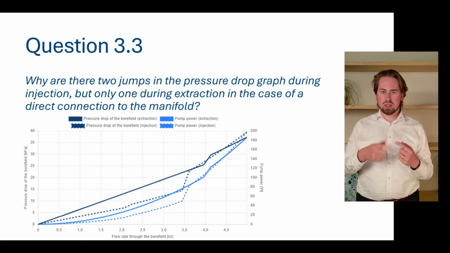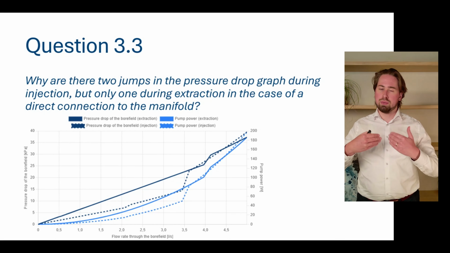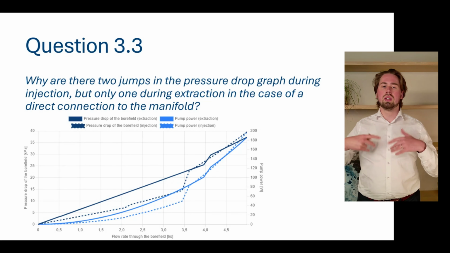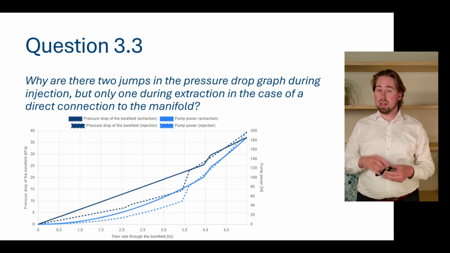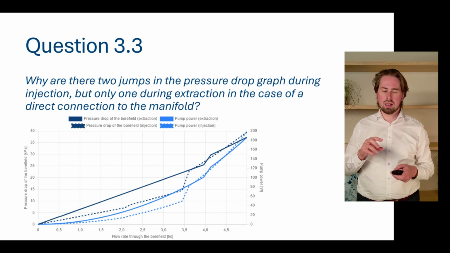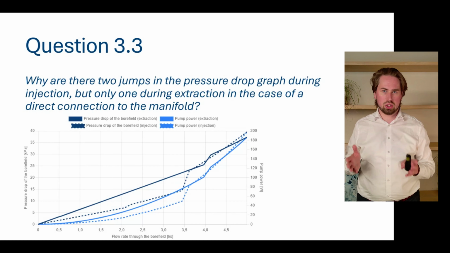And this same transition occurs at 4 liters per second during extraction, because in extraction the viscosity is higher due to the fact that the temperature is lower, meaning that we need a higher flow rate to transition. And in fact, the transition we see in injection at 3.5 liters per second also will occur during extraction, but at a way higher flow rate that's out of range of this figure.